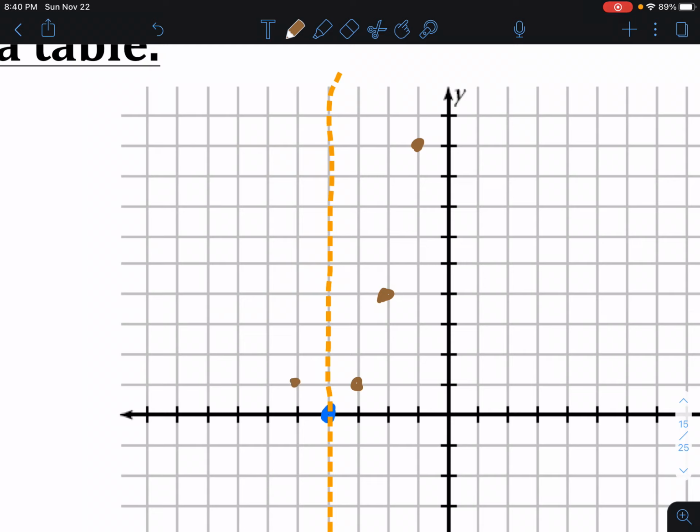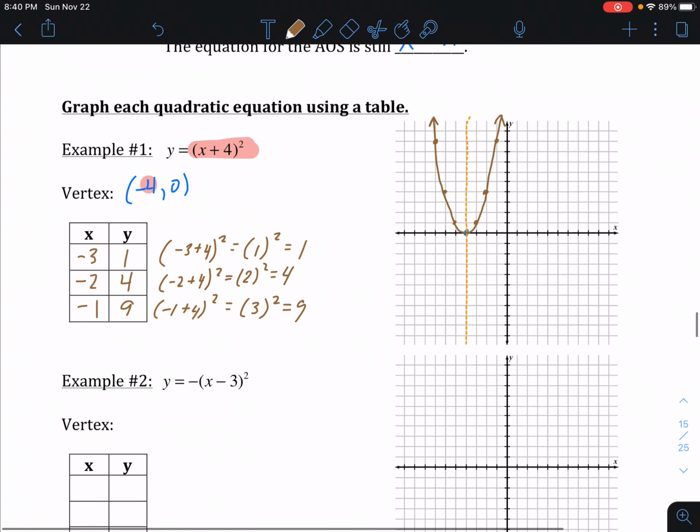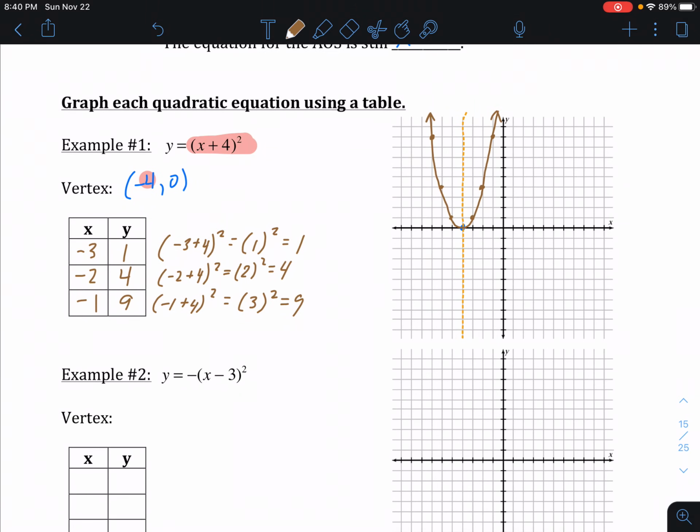So 1 over here, 1 over here, and 1 over here. And then you are going to draw a nice curved parabola extending to the top of the graph. Technically, remember, parabolas go up forever or down forever. So that was number 1. It saves you a little bit of time as compared to when we have standard form.